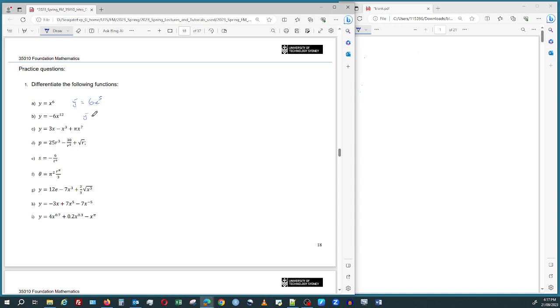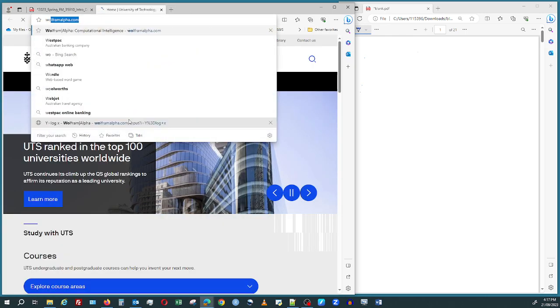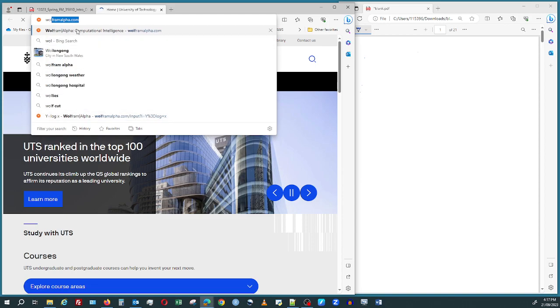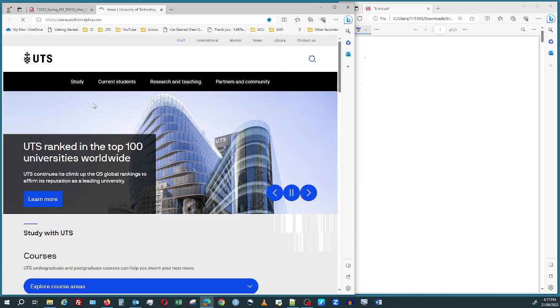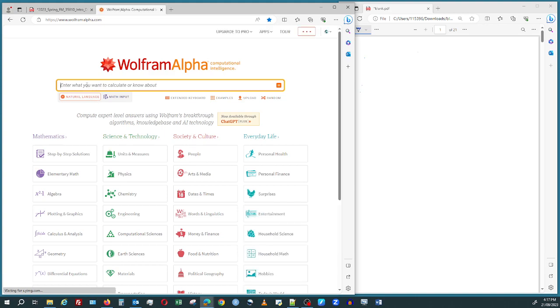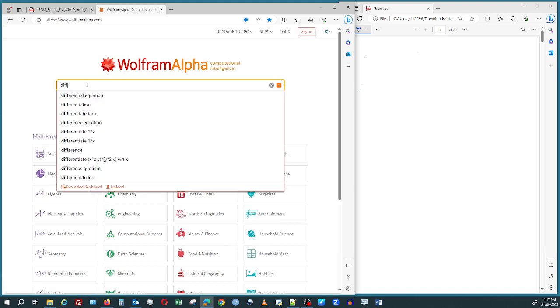Y dash is equal to minus 6 times 12, so 72x^11. So you can use technology if you need to. So that helps. Doesn't mean that you're doing anything wrong. It just means that you're wanting to understand how it works. That's all that really is.